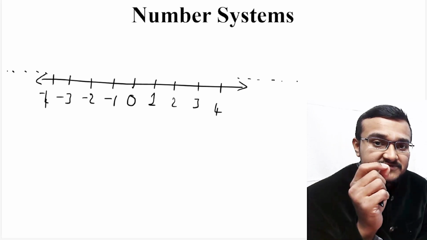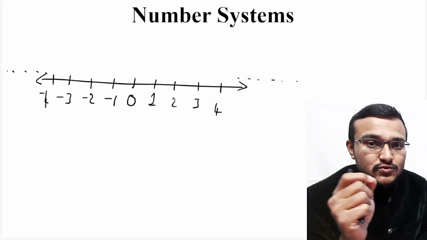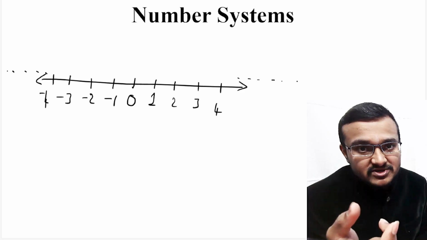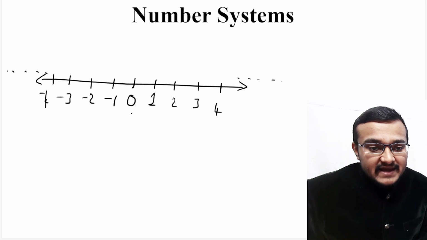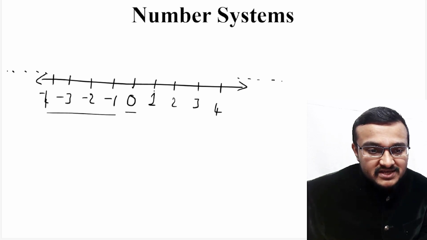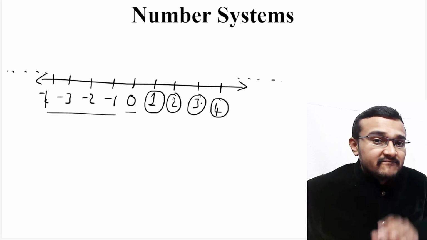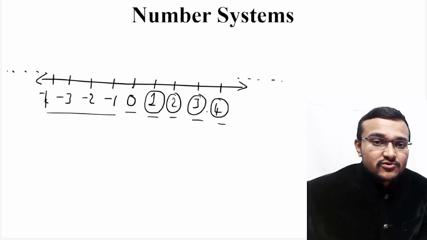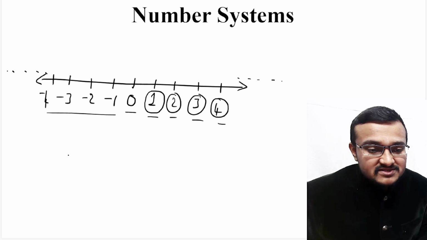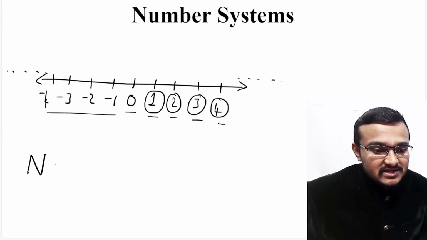Now I have just written 0, 1, 2, 3, 4, but always remember, excluding 0 and excluding these negative numbers, if you just take the positive numbers 1, 2, 3, 4 without any decimals, these full numbers are known as natural numbers.